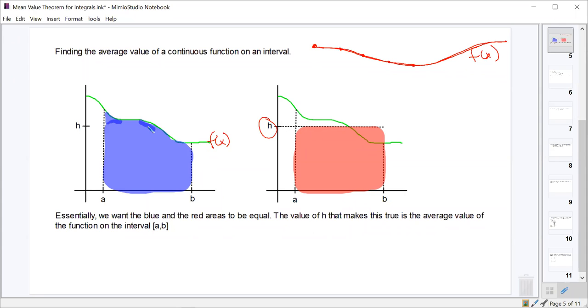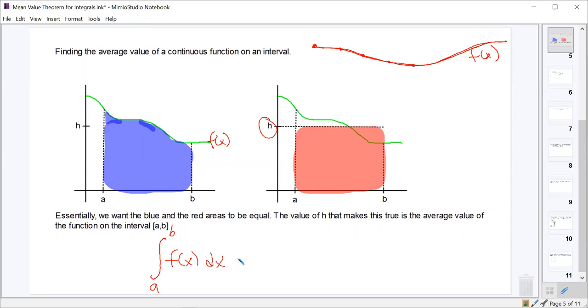What's the area underneath f of x from a to b? Sorry, there's a loud plane from Miramar going over. It's the integral of f of x dx from a to b. Exactly. That's all it is, right? That's what that blue area is.